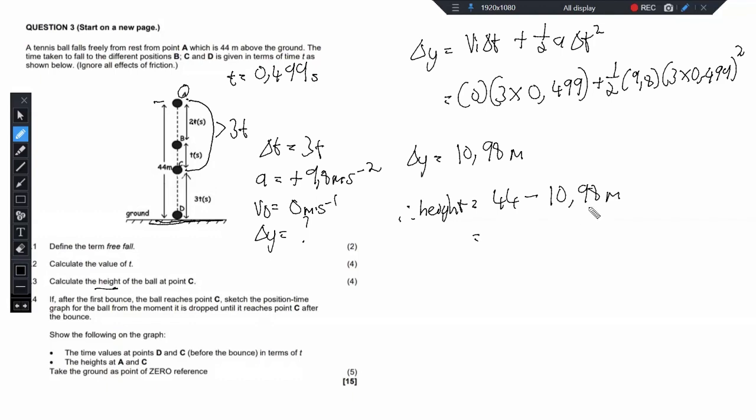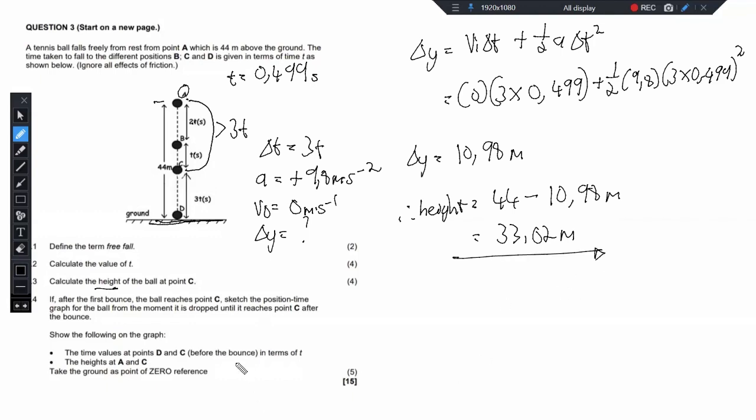So 44 minus 10.98, then we are going to get 33.02 meters. So this is the height of the ball above the ground at point C, right? So I hope it makes sense.